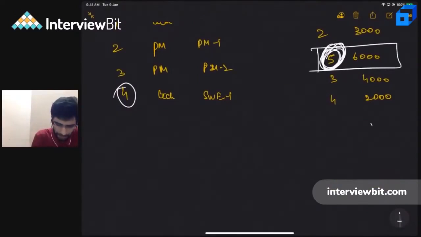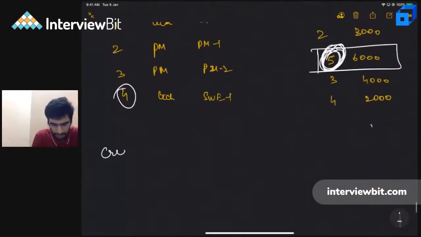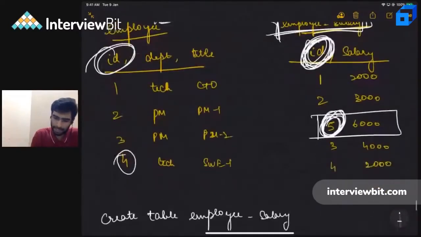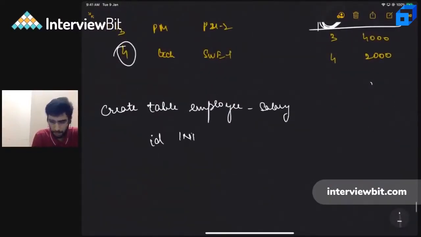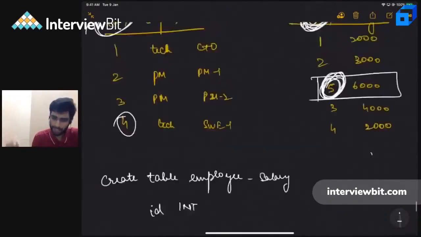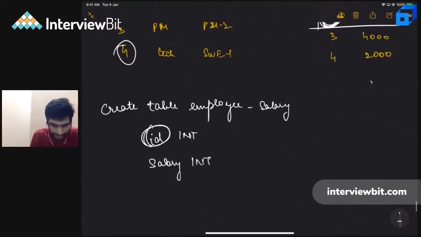When I create the employee salary table, I say create table employee salary. When I'm creating the table, I need to have an ID, which is an integer, and I also need the salary, which is also an integer. Now I need to add a foreign key. Foreign key is upon this ID, right?